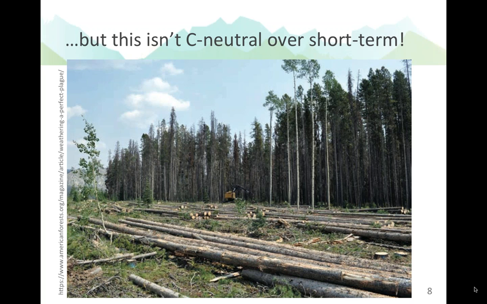If you think about the harvest in this situation, all of those trees that are coming down in the foreground of this picture, if they get converted to biofuels and bioenergy, and that fuel gets burned, all of that carbon that was in those trees is going to be back in the atmosphere in a matter of months, right? That's a pretty quick cycle to take that stuff down, to convert it, and then to consume it in a car or a truck or whatever else.